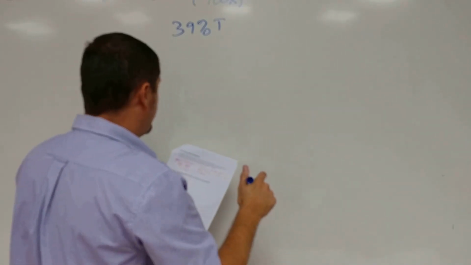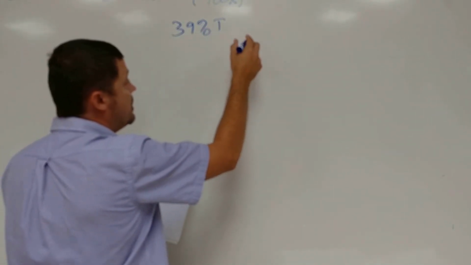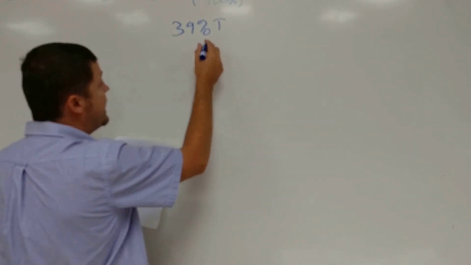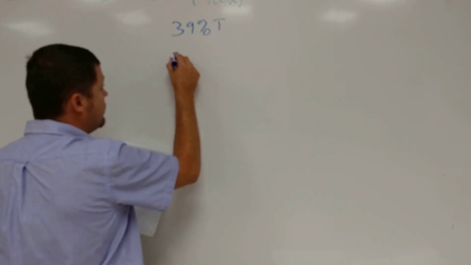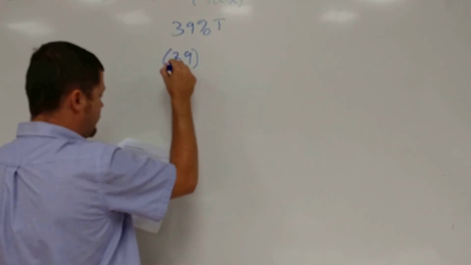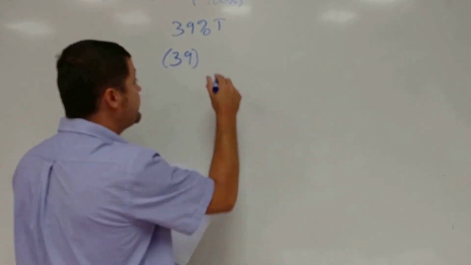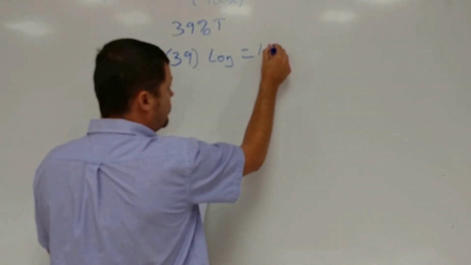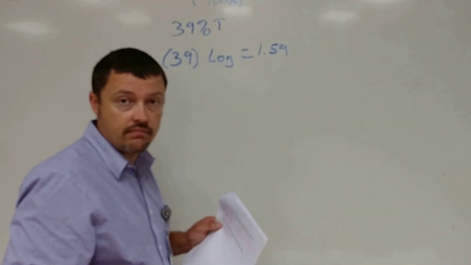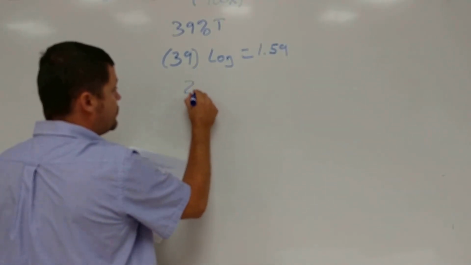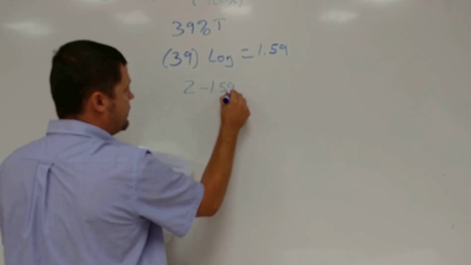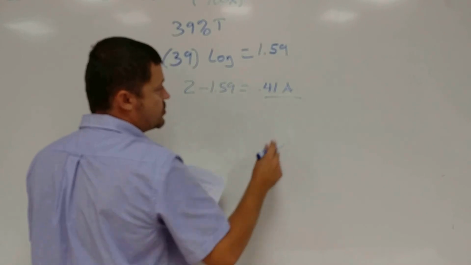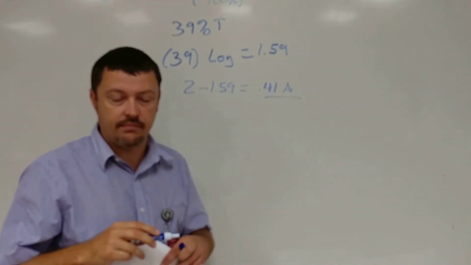To do that, we use 2 minus log percent T. So we type 39 in our calculator and hit the log button. That gives you a value of 1.59. Then we take 2 minus 1.59, and that gives us a 0.41 absorbance reading. Those are pretty simple.